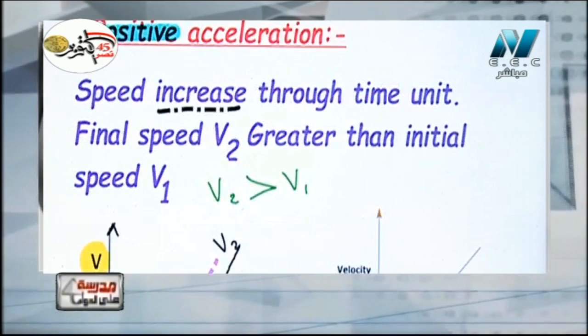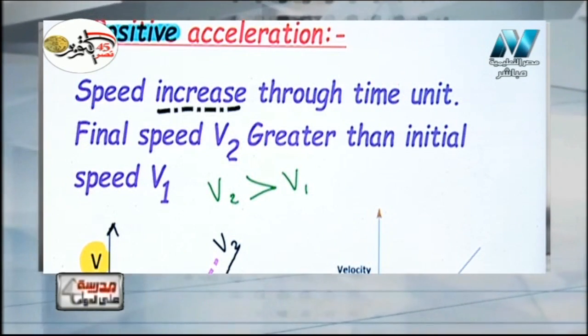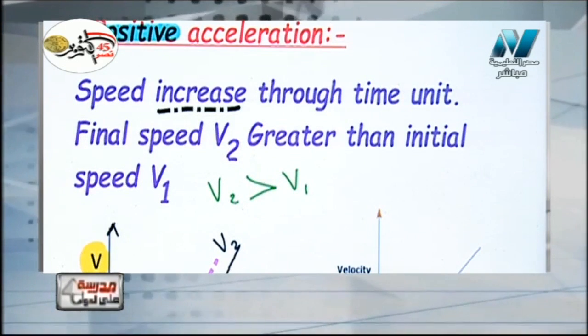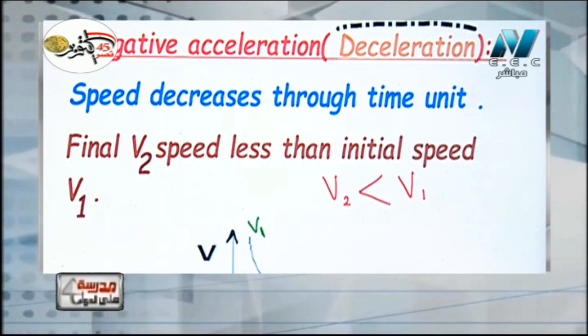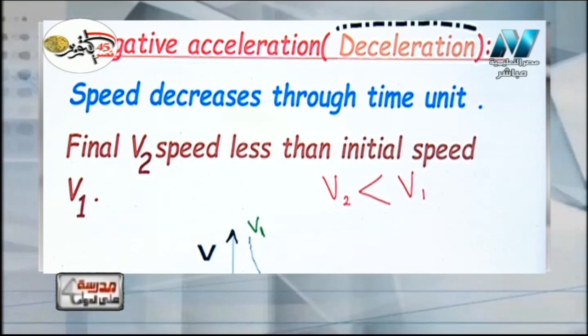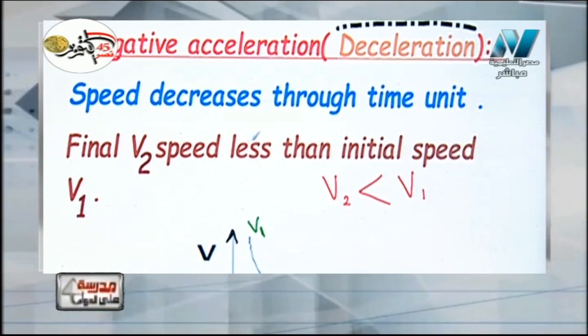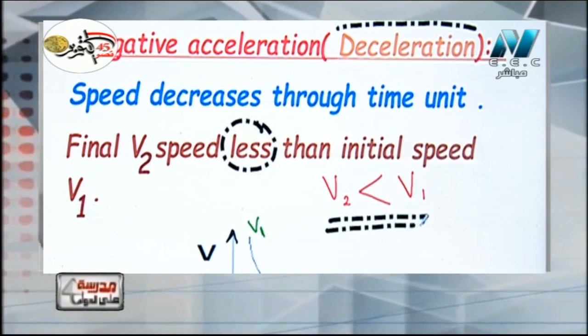So now we have positive acceleration, speed increases. So greater speed is what? The final is greater than initial speed. And here we have negative acceleration, or deceleration, which means the final speed is less than initial speed, as we see in this law.